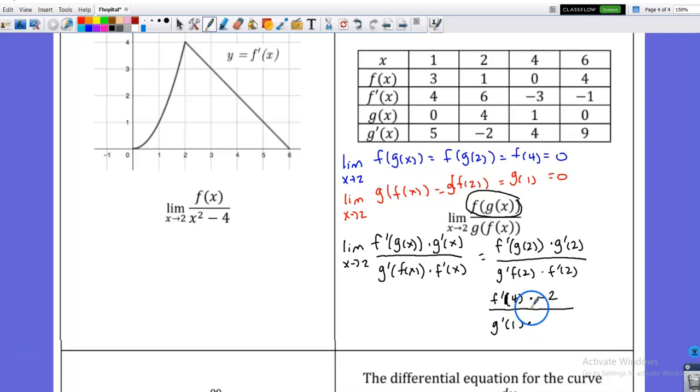And then f prime of 2 is 6. Let's go this way. F prime of 4 is negative 3. G prime of 1 is 5. Negative 3 times negative 2 is 6, over 30, which is 1/5.